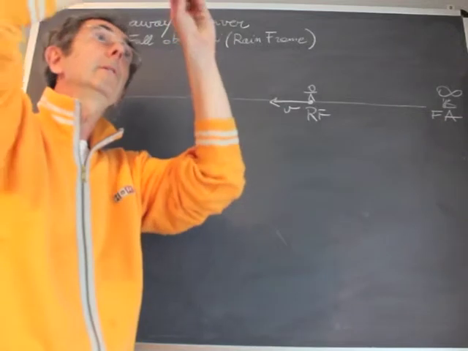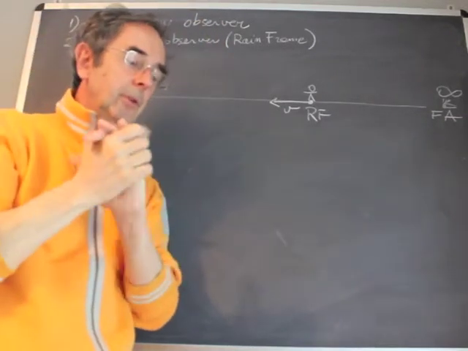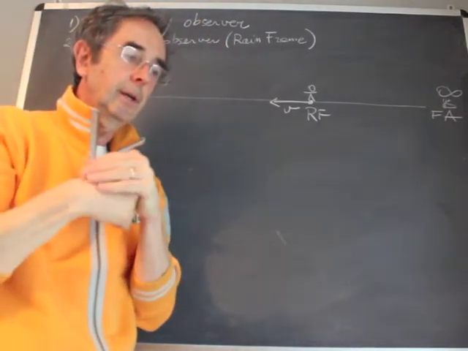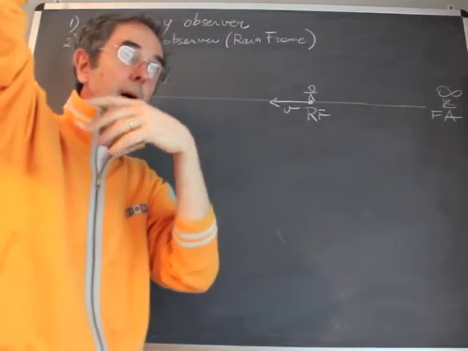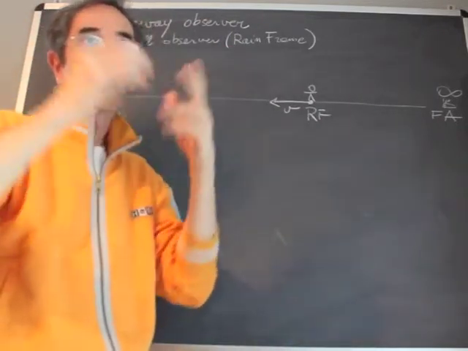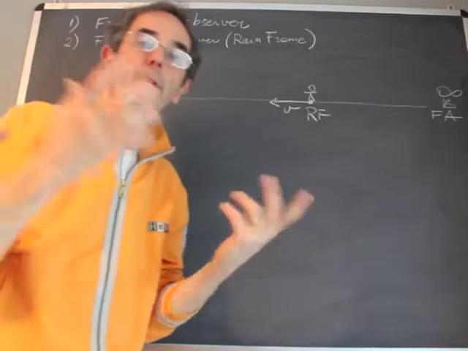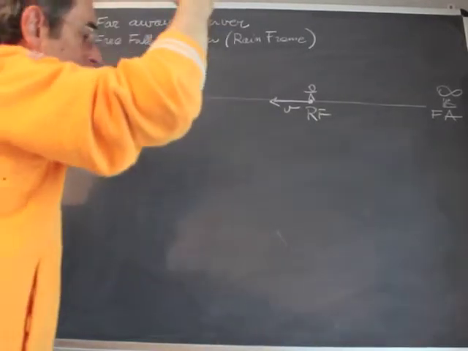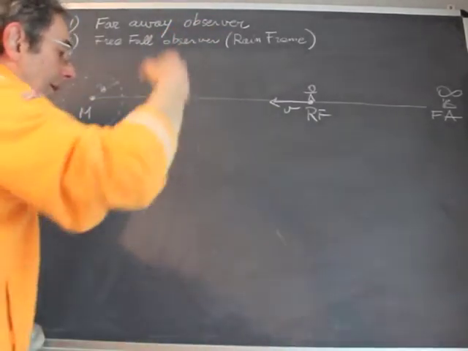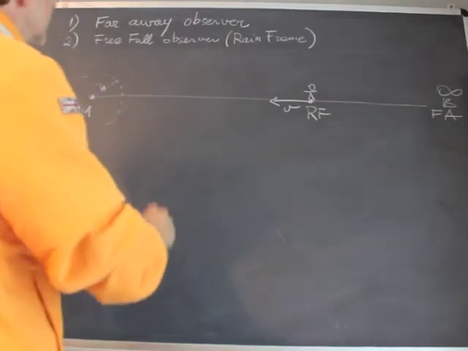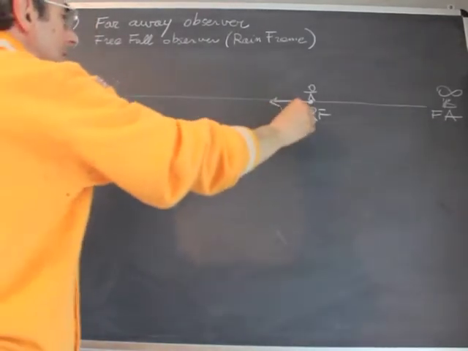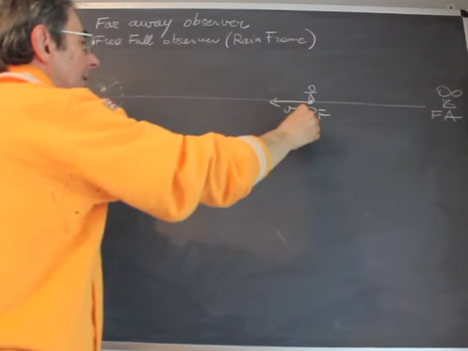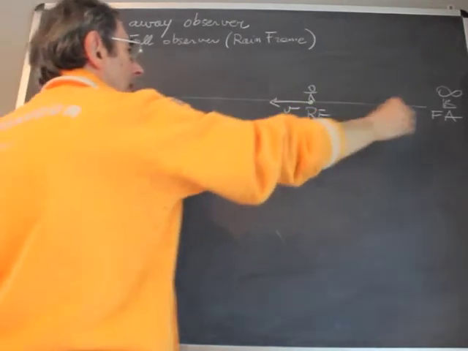When the little drop of water starts falling down, it starts with zero initial speed, and the velocity increases as it falls down. It's exactly the same. Okay, this is the second observer that we have already studied.